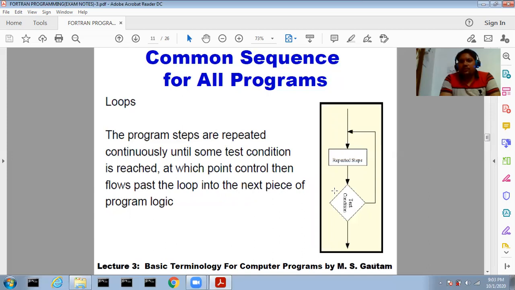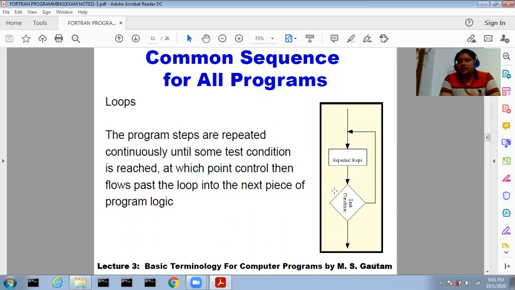So whenever we put a restriction in the computer program, if this condition is satisfied, then the computer will not repeat the sequence and will go to the next step.